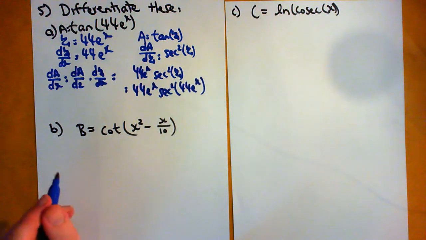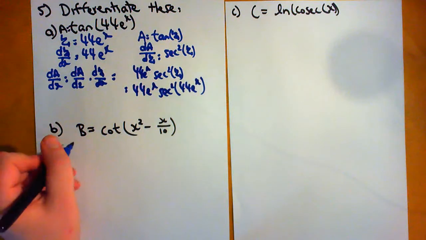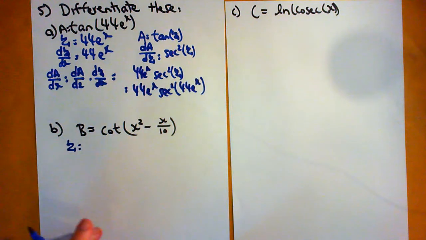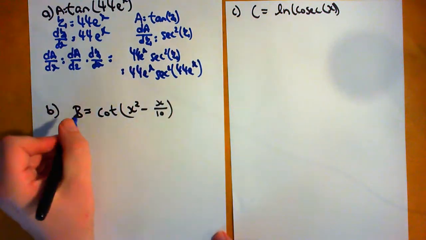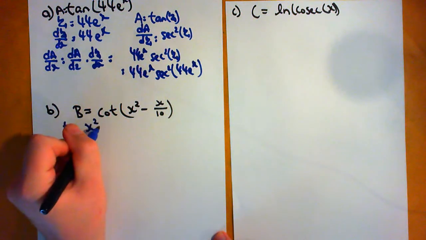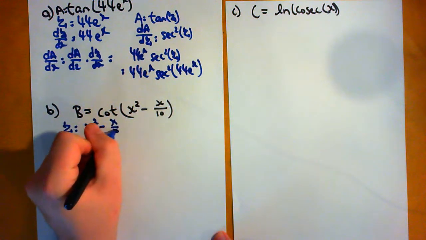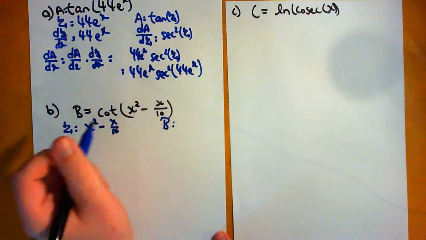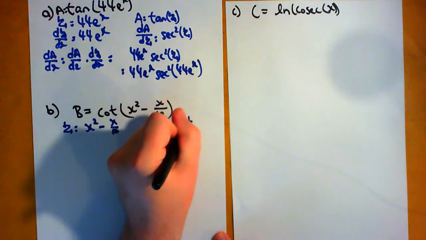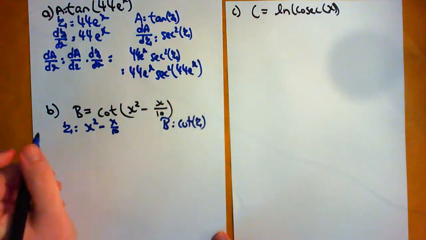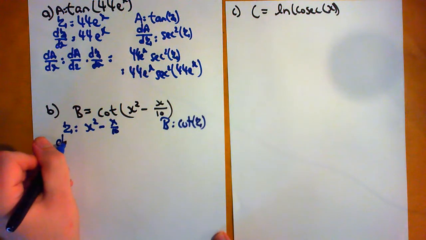Question B, we have z is going to be again what's inside that bracket. So z is going to be x squared minus x over 10, and that leaves us with B equals cotangent of z. Okay, so we need to differentiate both of these.